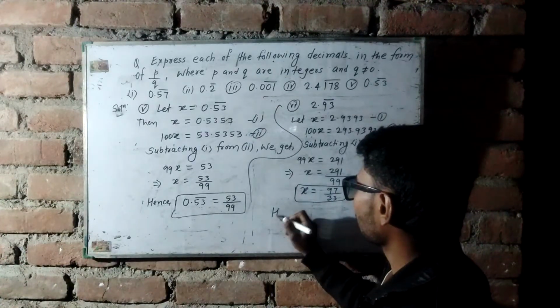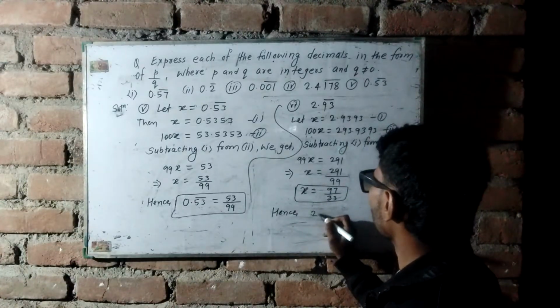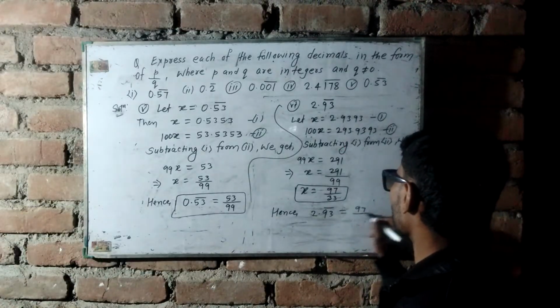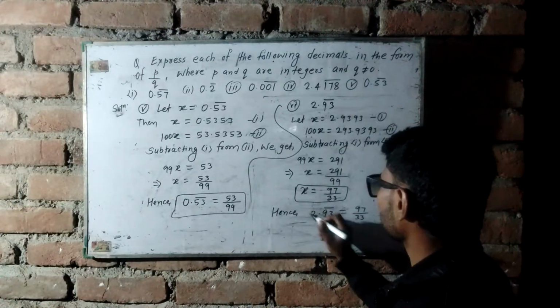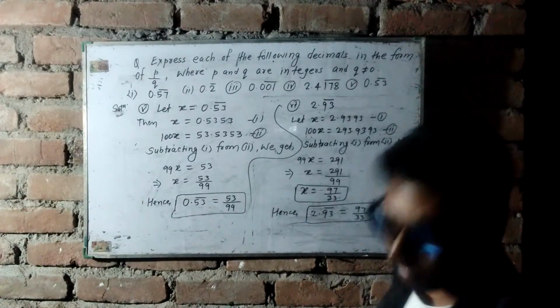Hence 2.93 over bar 93 is equal to 97 upon 33. This will be the required answer.